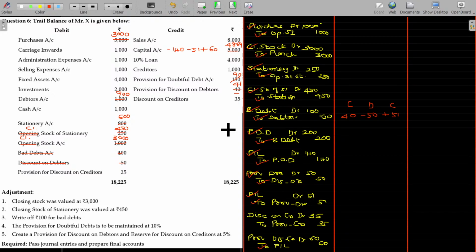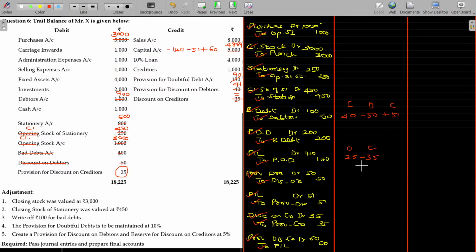Right. Now, discount on creditors debit. Already discount on creditors in credit side we have 35. Now it gets eliminated completely. And provision for creditors 35. See here, provision for creditors being given in the debit side 25. And because of this provision for creditors in the credit, it should be subtracted, right? 35 should be subtracted.